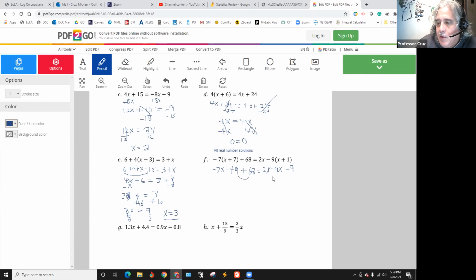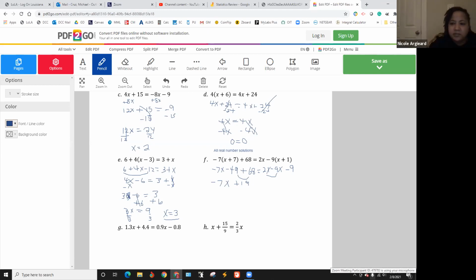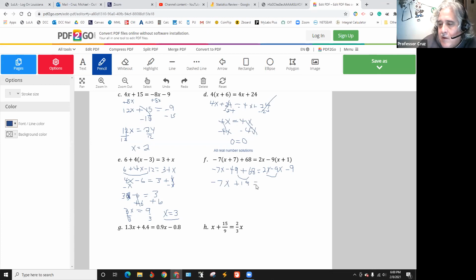We can put together these and we can put together these. So negative 7x. So this is that 19? Negative 49 and plus 68. You're right, it's 19. And it's plus 19. And over here it's 2x minus 9x.